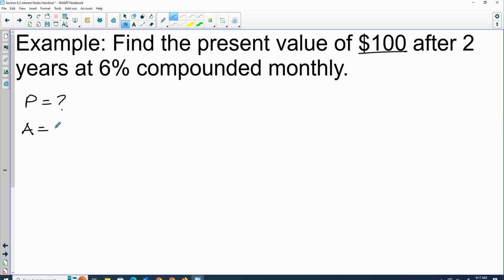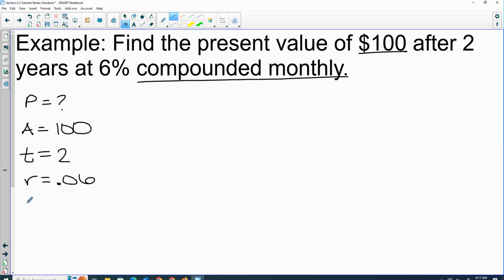Your P and your A are your dollar amounts. After 2 years, so the T is 2, at 6%, so my rate is 0.06, compounded monthly. So my N is the number of times per year.